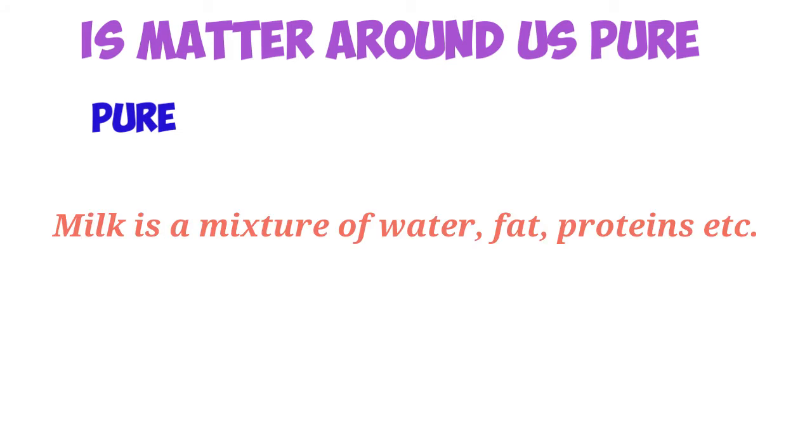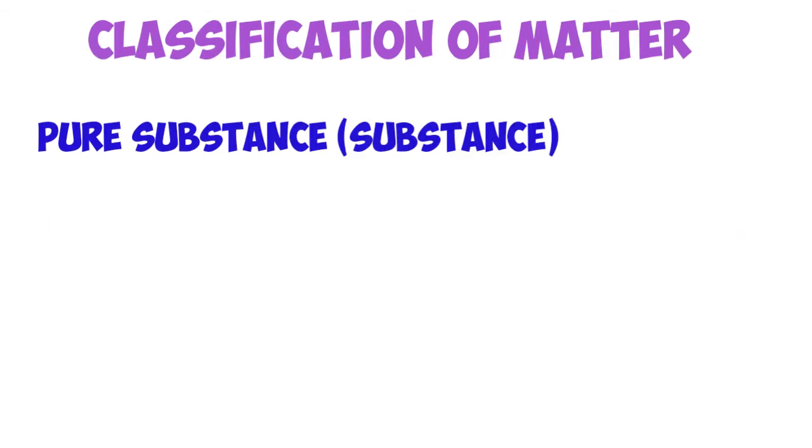It's a mixture of water, fat, protein, etc. We can see that most of the matter around us exists as mixture of two or more pure components. For example, seawater, minerals, soil, etc. are all mixtures. When we speak of a pure substance, we are speaking of something that contains only one kind of matter.